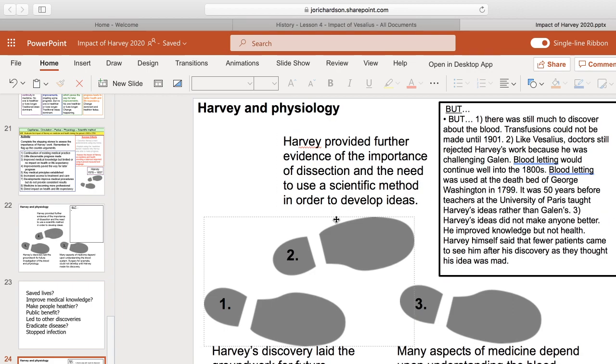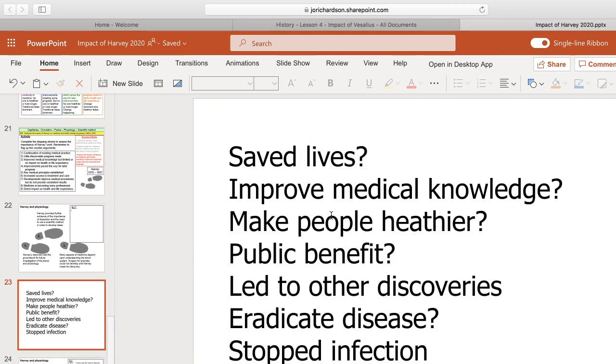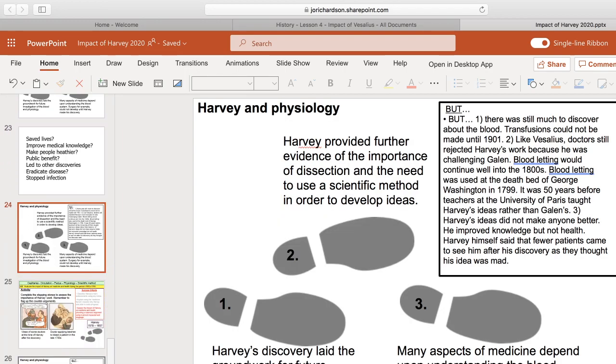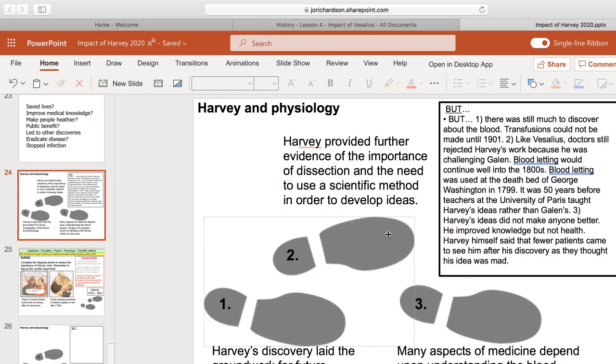Harvey's idea did not make anyone better, so think about our simples criteria. Is there anything there that you can think it didn't do? For example, does the understanding of the circulatory system stop infection? No. So you could say that perhaps that's a limitation of it. People thought he was mad, all those kind of things.